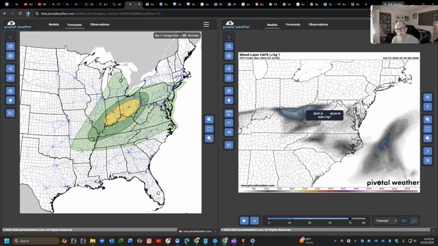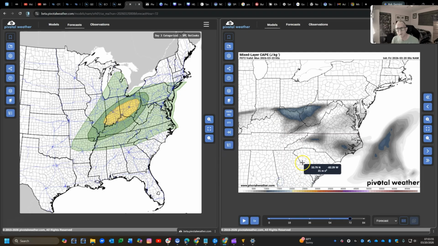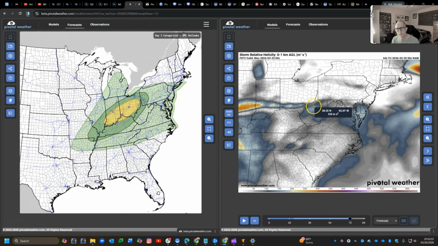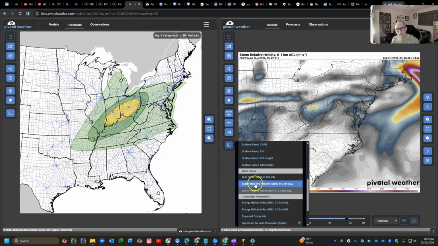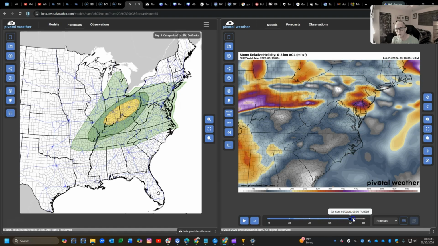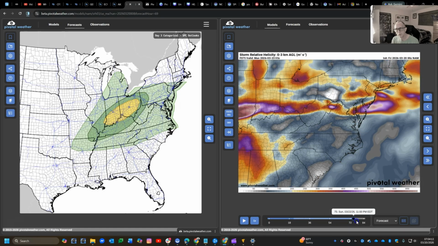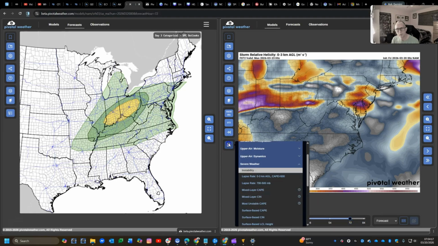These are plenty of energy there, right? So let's look at our shear in the atmosphere. There's some shear involved with this as well. Okay, you see it's maximized as it comes to the south. All right, and 0 to 3 kilometer shear. Quite a bit of shear here as that pushes through as well. A boundary there pushing to the south.